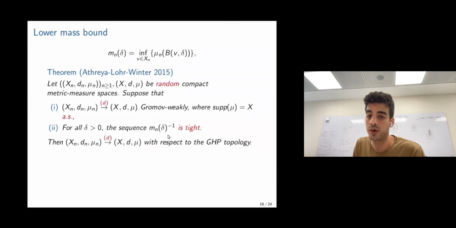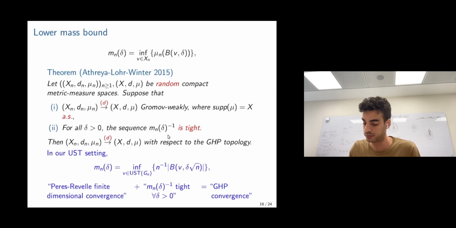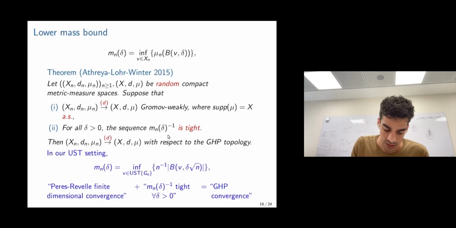We need the random version of it. So we take random compact MM spaces. We suppose again that we have this distributional Gromov-Weak convergence. And what we want now is that for every delta, the sequence m_n(delta)^{-1} is tight. So what does that mean?